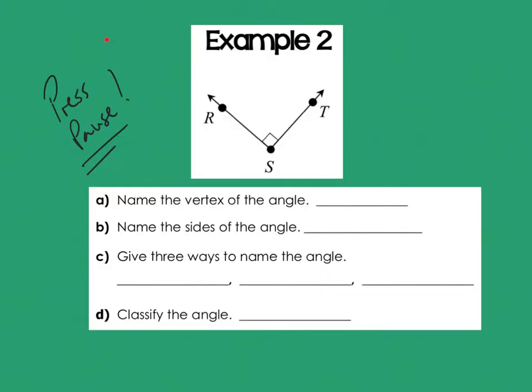Okay, press pause, and then you try it. Using this angle, I want you to name the vertex, the sides, give three ways to name the angle, and then classify the angle. Just a little heads up, this box right here means 90 degrees. That's just a little hint for the classification part. See you in a minute.